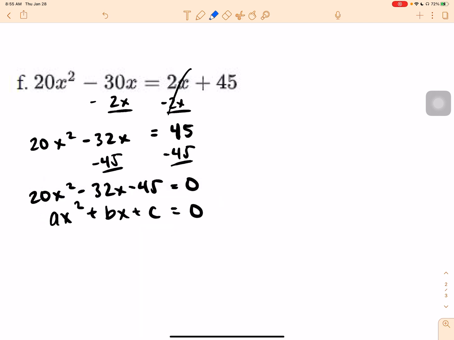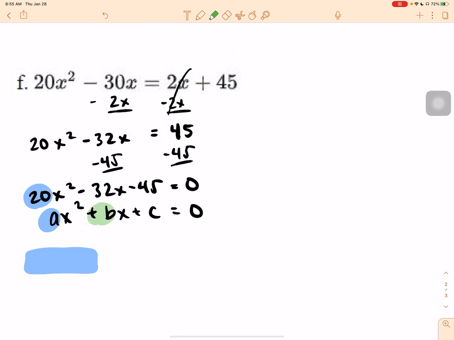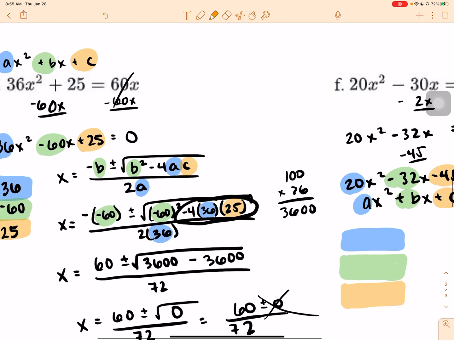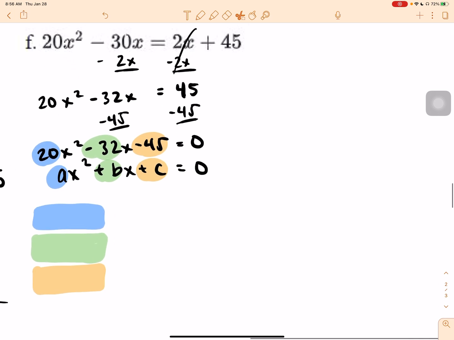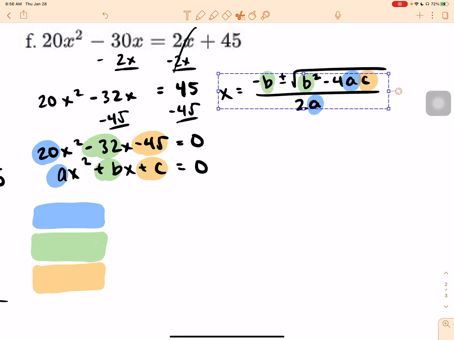So if we want to color code, these are my a's. I'll write it out there. My b, and then my c. Okay, I'm just going to go steal this formula over here so I don't have to rewrite all that again. Okay, so here I'm going to paste that, there we go.